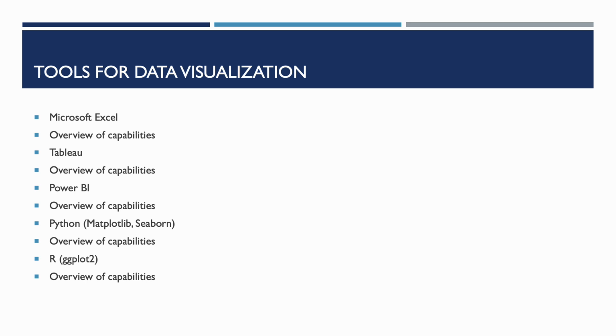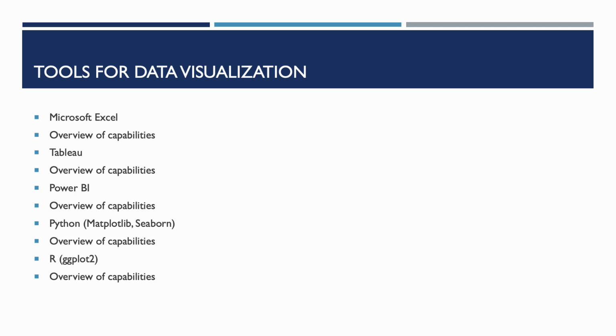So last is R, which is also a programming language that is particularly strong in statistical analysis, and ggplot2 is one of its most popular packages for data visualization. ggplot2 is based on the grammar of graphics, which makes it easy to create complex multi-layered visualizations.